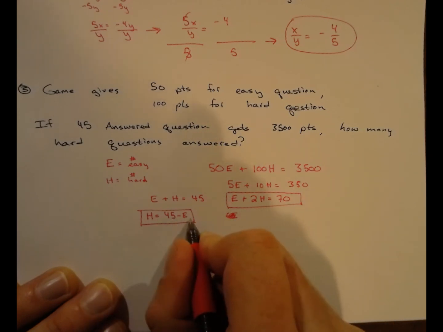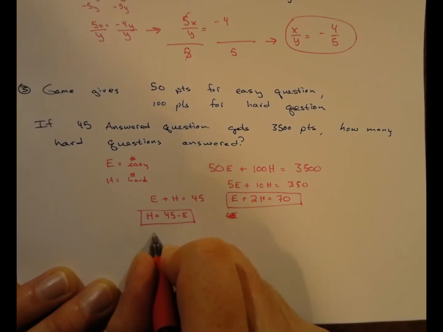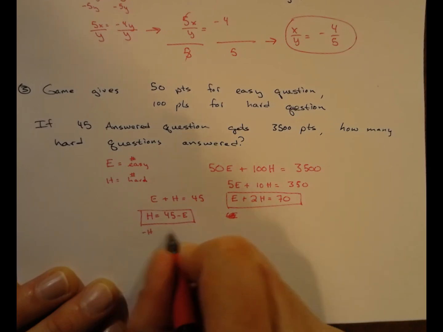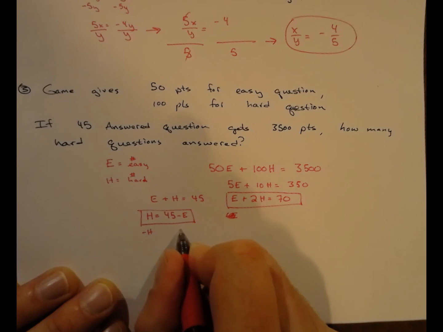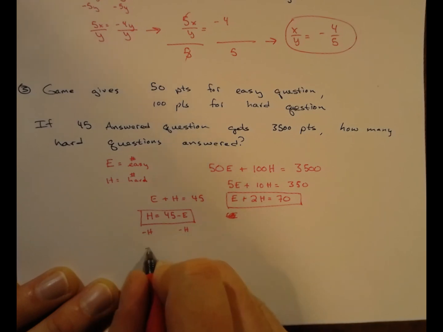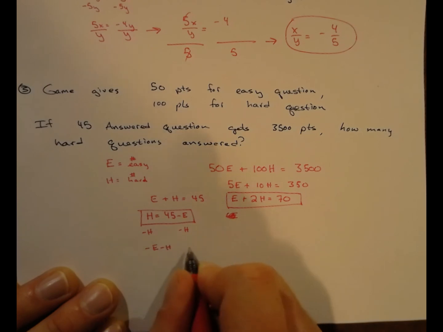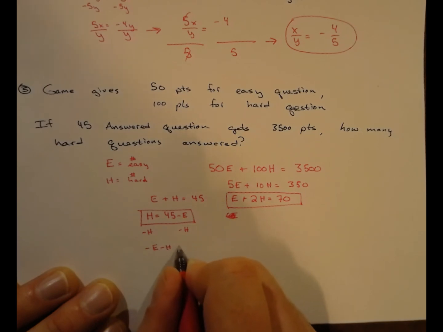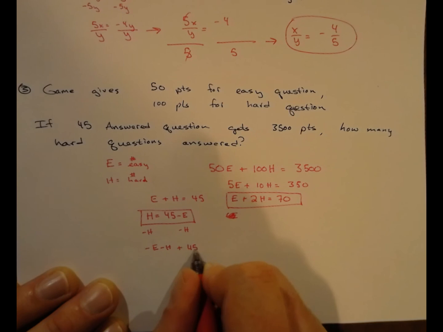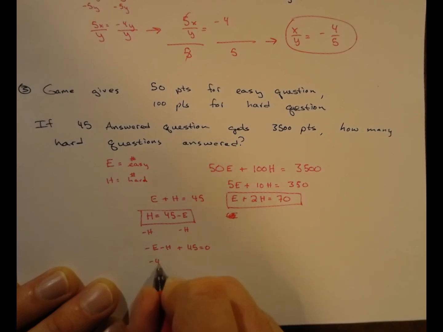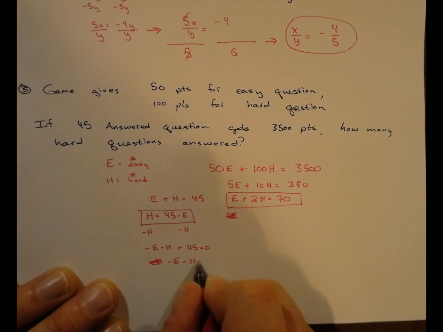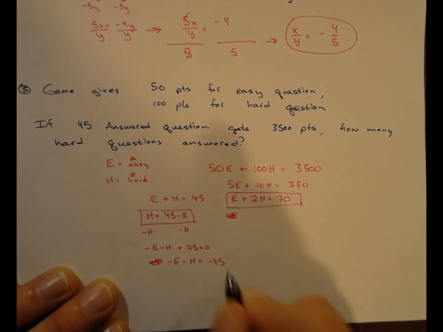So negative e, let's subtract h from both sides. So negative e minus h plus 45 equals 0 minus e minus h equals negative 45.